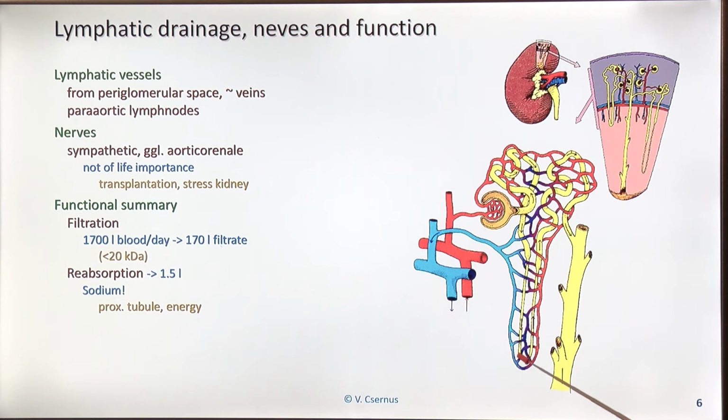Then everything goes to the Henle's loop, where we have very thin cells. Apparently, they do not have a lot of energy to actively do things, and this is their real task.